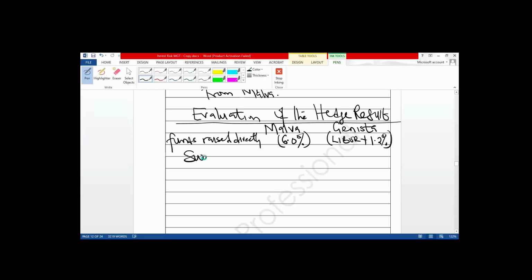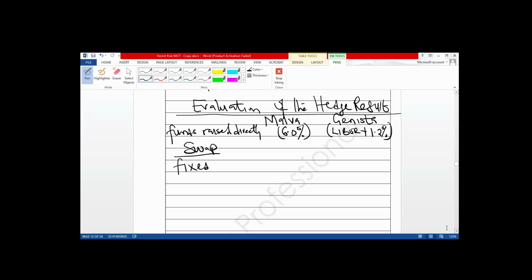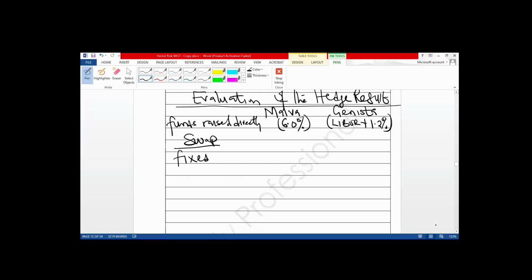Now the swap under fixed: Jenista will pay 7.3%. This will be received by Magda, 7.3.